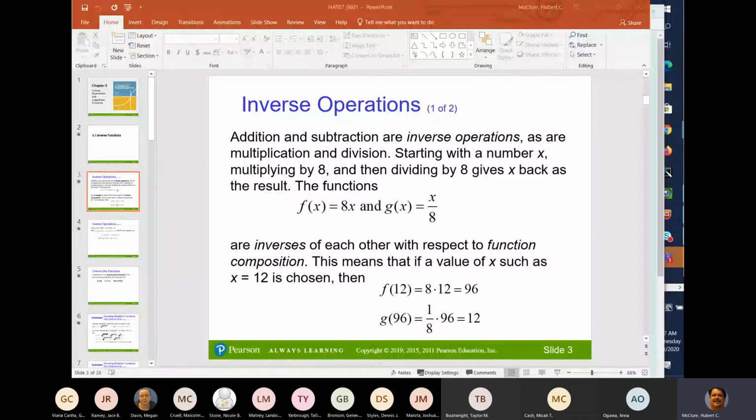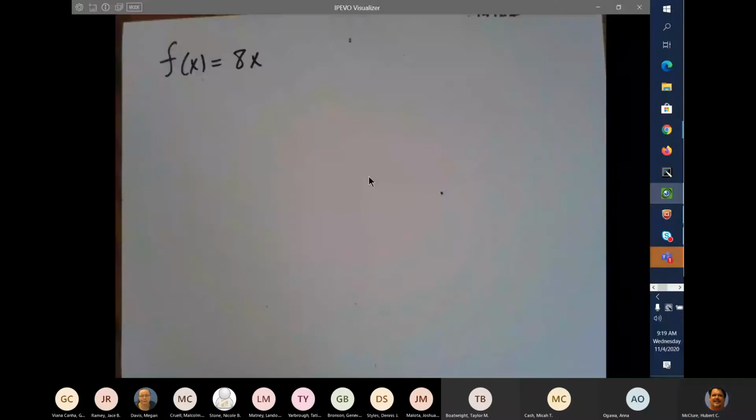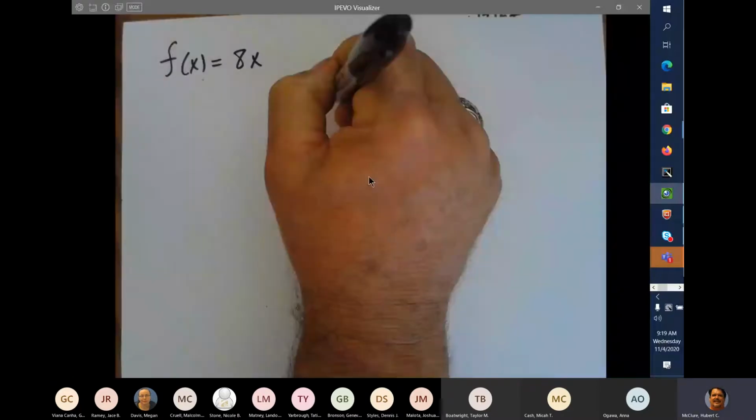Let's say I give you a function like f of x is equal to 8x, and I want you to find the inverse of 8x. Well, the first thing you do is you rewrite with y.